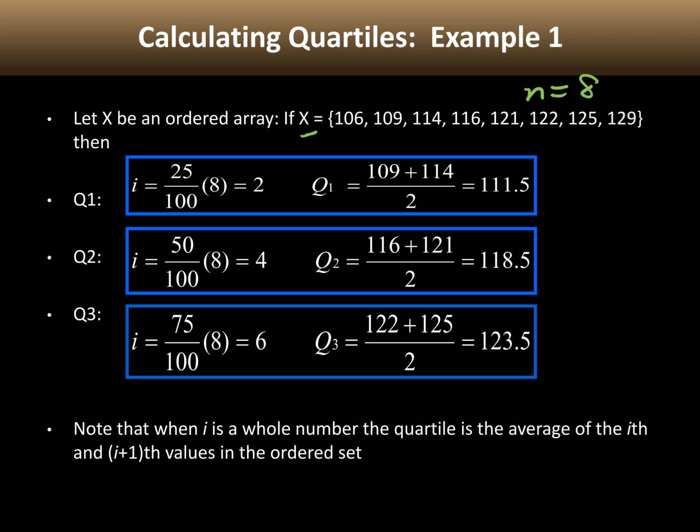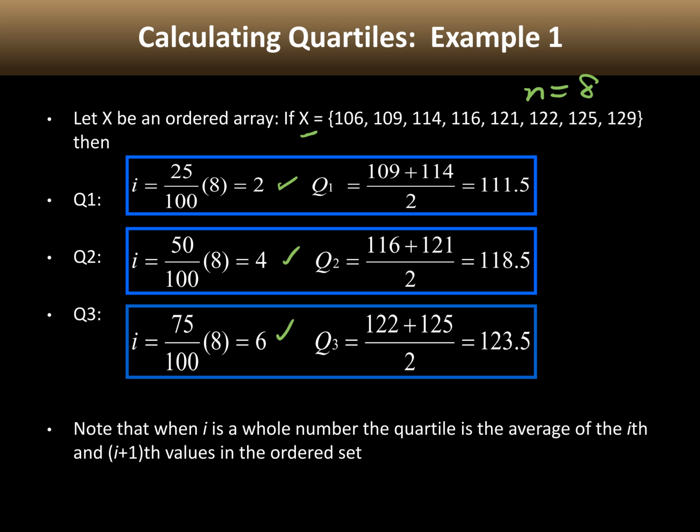We do the same thing for Q2, we get 4, and Q3, we get 6. Q2 is the median, and we put in 50 there. So we get 2, 4, and 6 for those location indices, and then we can calculate the value.